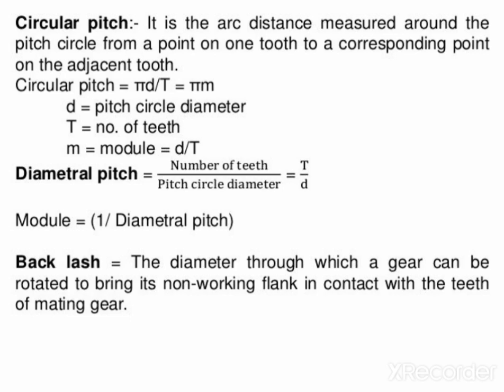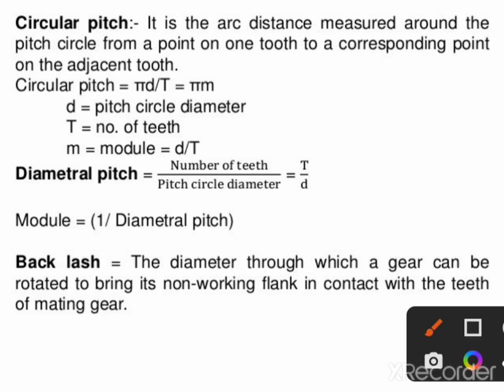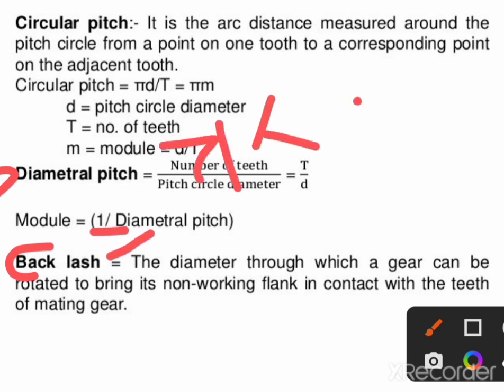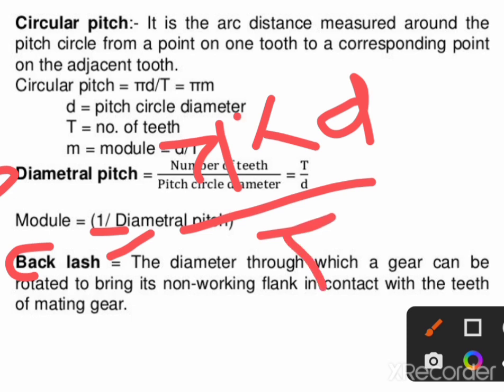For a spur gear, the circular pitch is given by Pc equals pi into d upon t. Here d is the pitch circle diameter, t is the number of teeth, and m is the module. We can also write it as, since d upon t is equal to m, Pc becomes pi m.